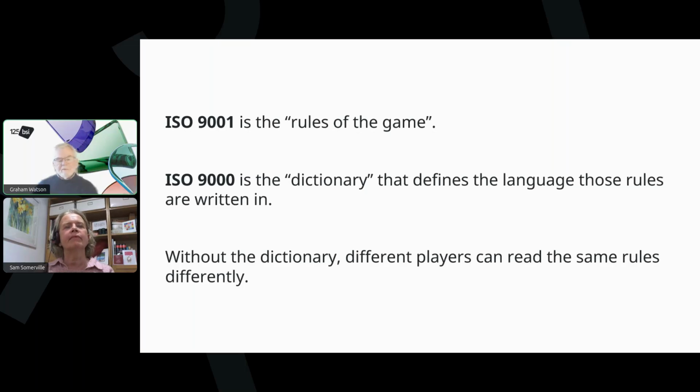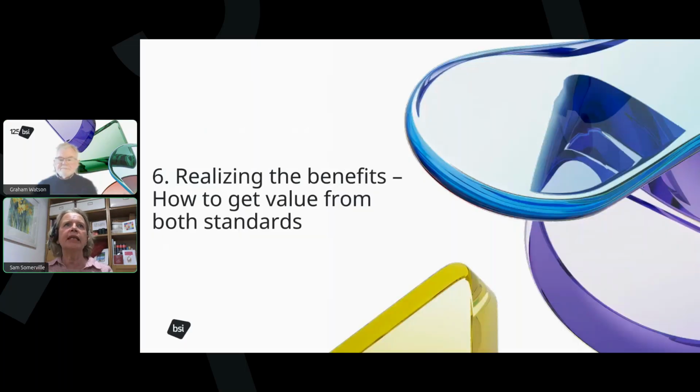But what we've got with the definitions in 9000, that's the meaning that fits quality management as seen by ISO TC 176, and it applies across all of the standards, which is why that alignment is very important. Yeah, absolutely. Thanks, Graham. So now let's think about how this then translates into value for you, the users.